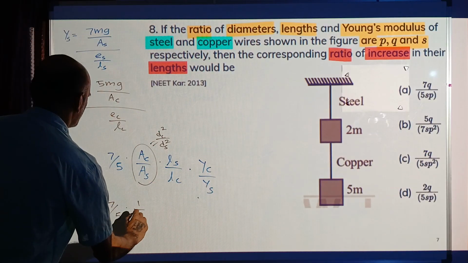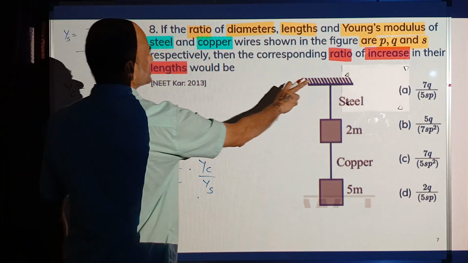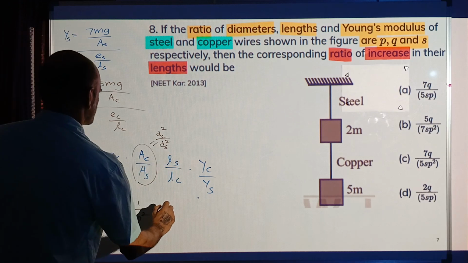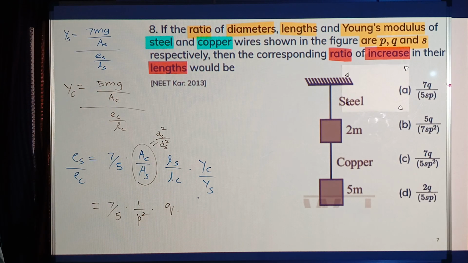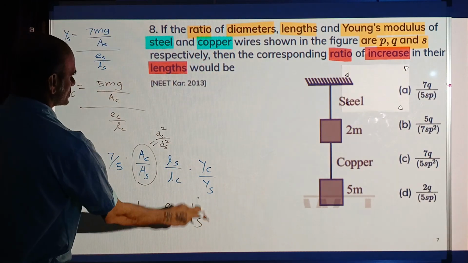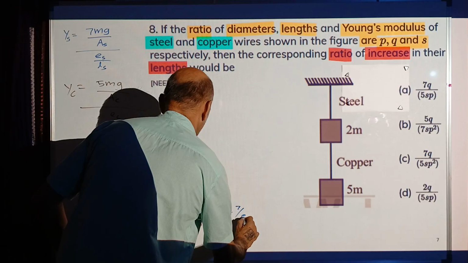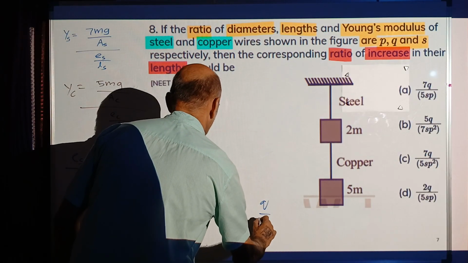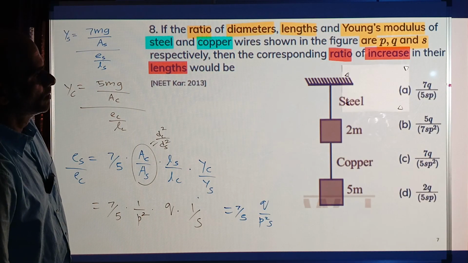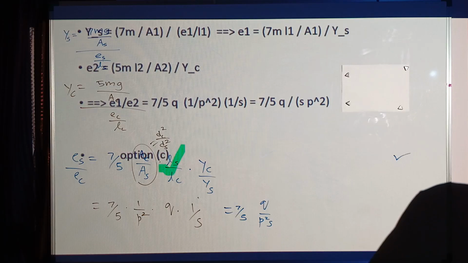So steel is down, so it will become 1 by P. First by second, steel by copper is P. And length of steel by copper, length ratio is Q. And steel is the first one, so it's Q. And the next one is Young's modulus of steel, it's S, so 1 by S. Because this ratio is steel by copper, steel is down, so it will become 1 by S. So this is 7 by 5 times Q by P square S. So 7 by 5 Q by P square S. C is the correct answer.